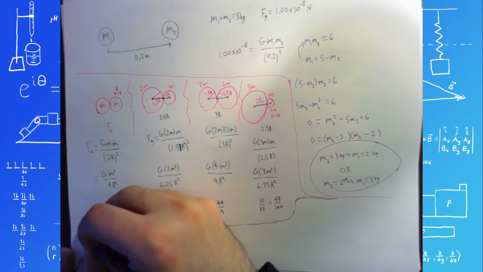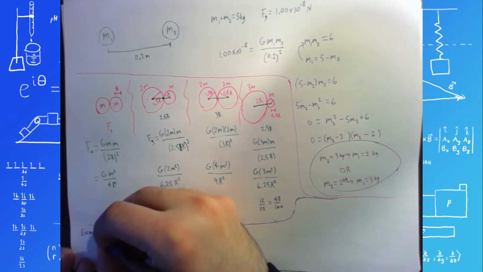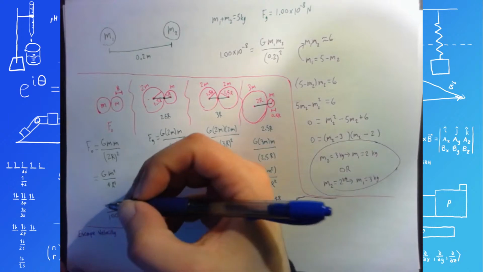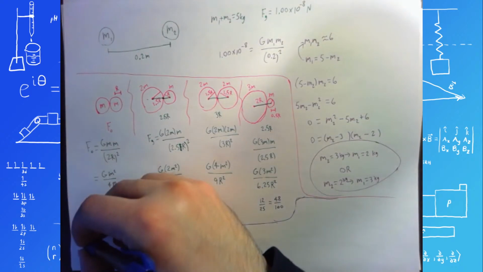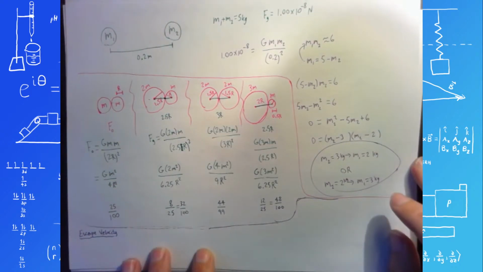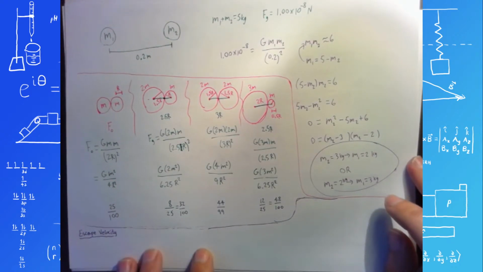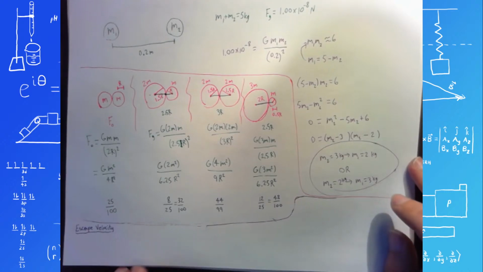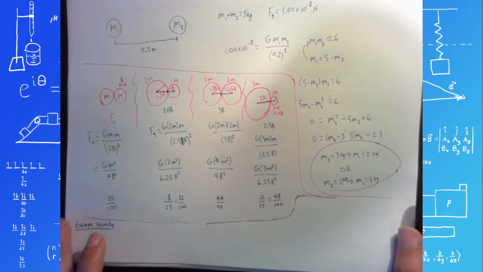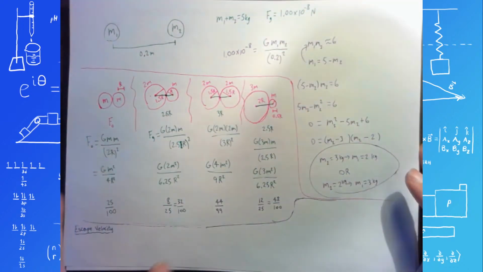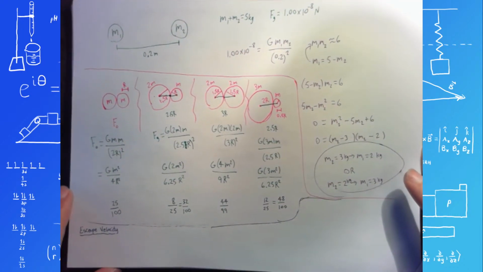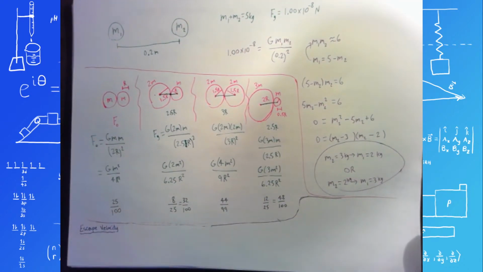Escape velocity. This is a concept that is relevant for space travel. When trying to send rockets to outer space, we need to figure out what velocity they need to have in order to successfully escape Earth's gravitational field.